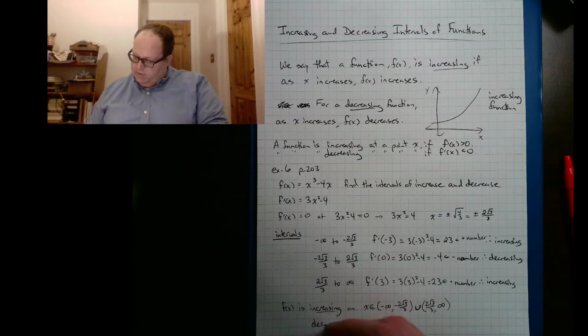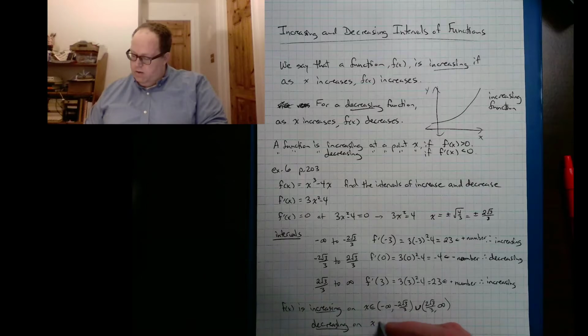And it is decreasing in this central interval from negative 2 root 3 over 3 to positive 2 root 3 over 3.